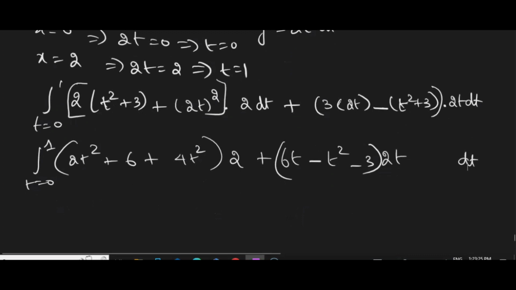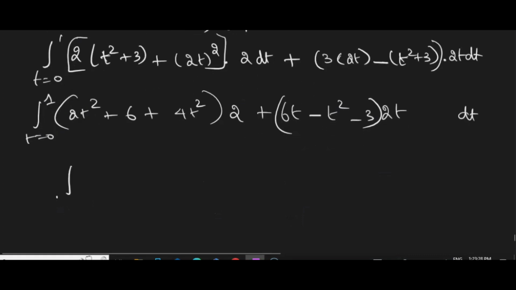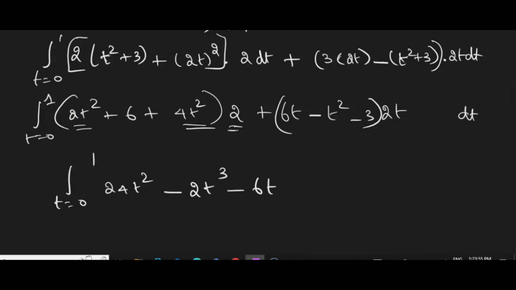Again if I simplify, I'll get the integral t is equal to 0 to 1, 24t square. Why? Because 2 2s are 4, 4t square, and then 6 2s are 12t square, and then one more t square term is there, t square into 2, 8, so you'll get 24t square, minus 2t cube, simplify carefully, minus 6t plus 12 dt.